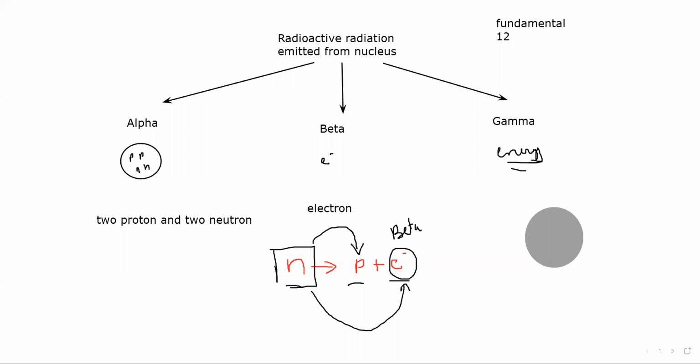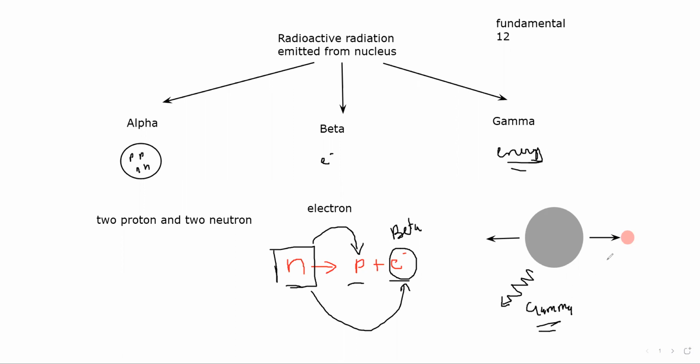Now, when it emits an alpha particle or beta particle, if the alpha particle is moving, for example, towards the right, which direction should the nucleus move to conserve the momentum? So the nucleus should move towards the left, because it has to conserve the momentum. So when the nucleus is moving, it releases energy, and that energy we call gamma.